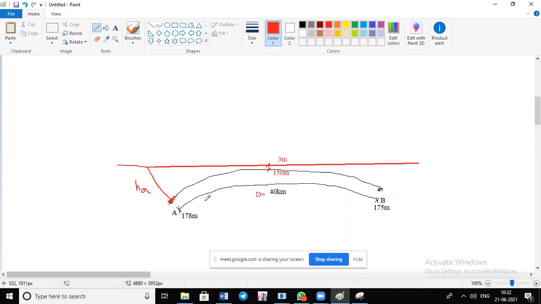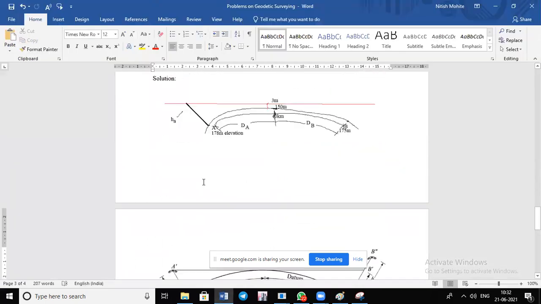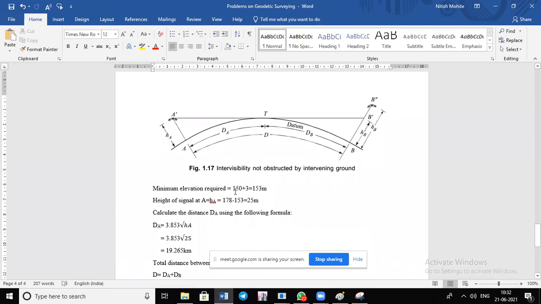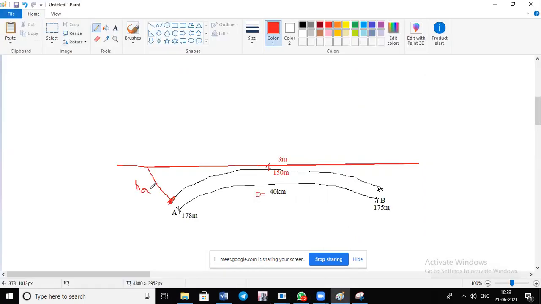So 178 minus 153 gives the height HA. 150 plus 3 is the minimum elevation required at HA and also at B. So the height of signal at A is 178 minus 153, which gives HA as 25 meters.